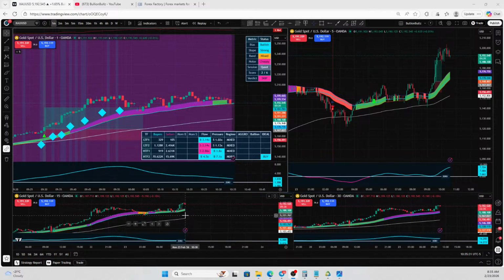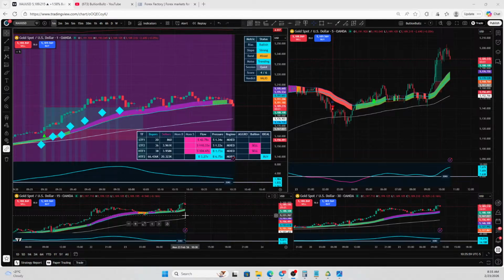So right now, even though price is reversing, everything is still pointing towards bullishness. Because I've noticed in gold, when overall price is bullish and you try to take a sell, the pullbacks are very, very aggressive. As soon as it sells, there's going to be an aggressive pullback. So to avoid that, we will only focus in the direction of the trend, in the direction of higher time frame trend.